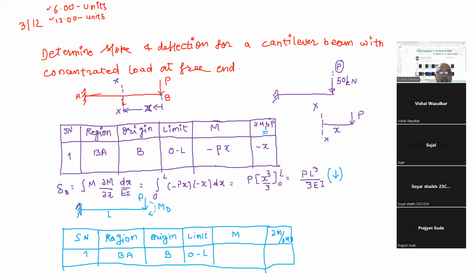First, take moment. So we have to take X. That part you can take outside. So I have P, and this will be dummy Md, and this is X. Now tell me the moment.